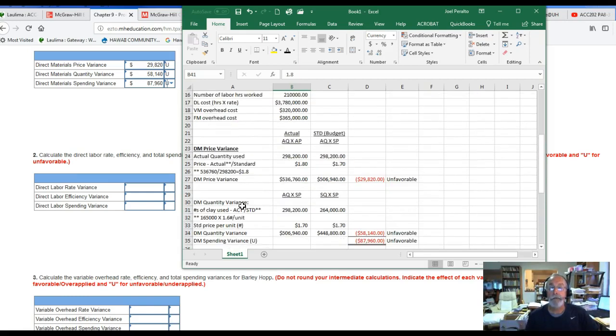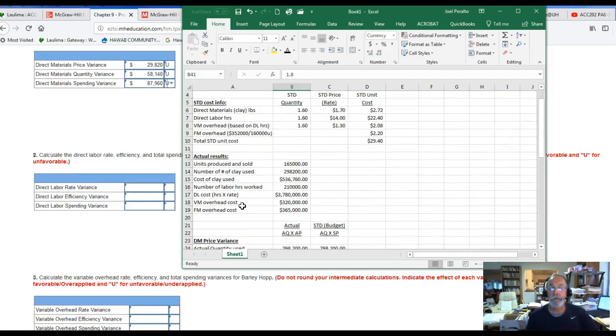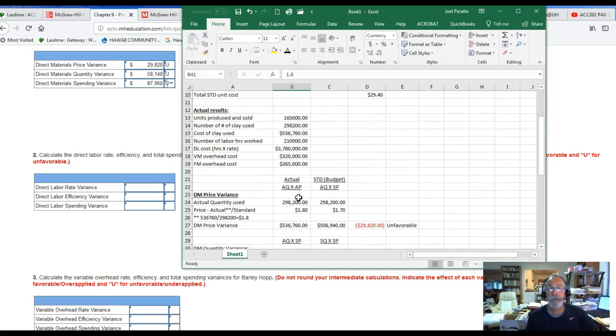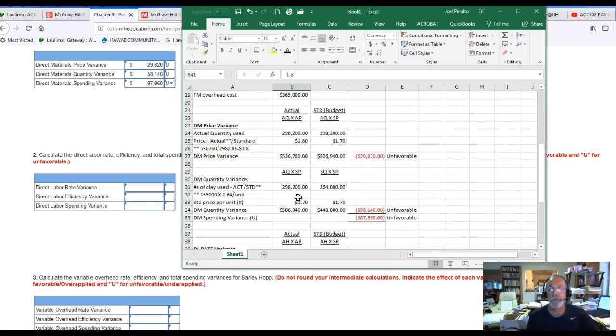Let's see, our information here shows that our direct labor cost was $3,780,000, and the number of labor hours worked was 210,000. So we need to divide those two numbers, direct labor cost by number of labor hours worked.